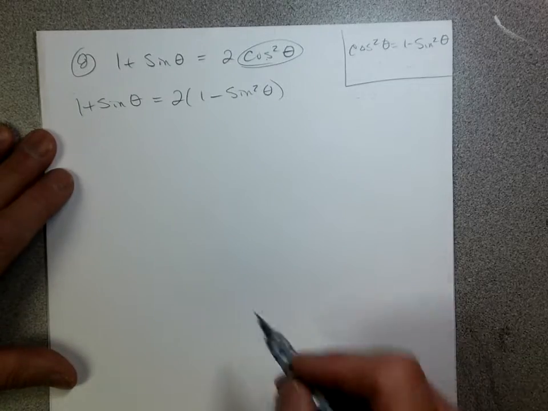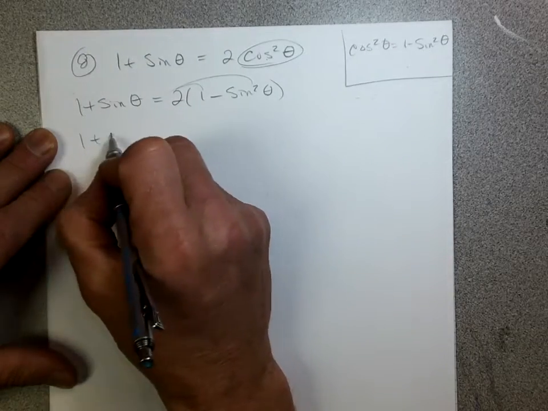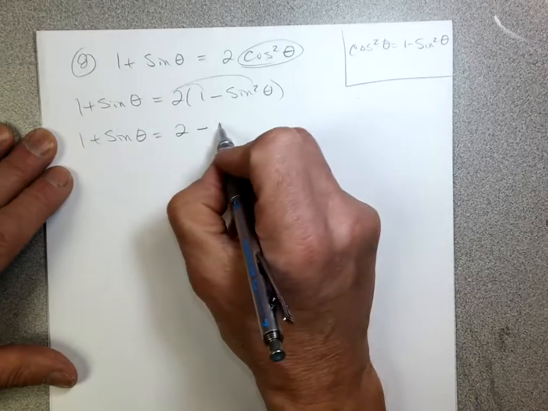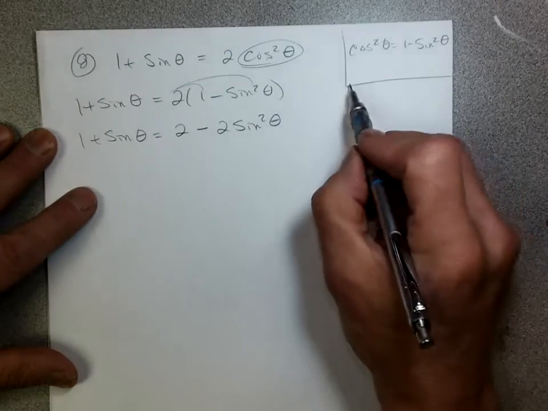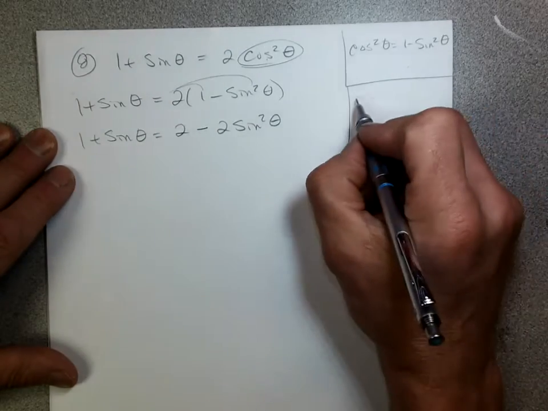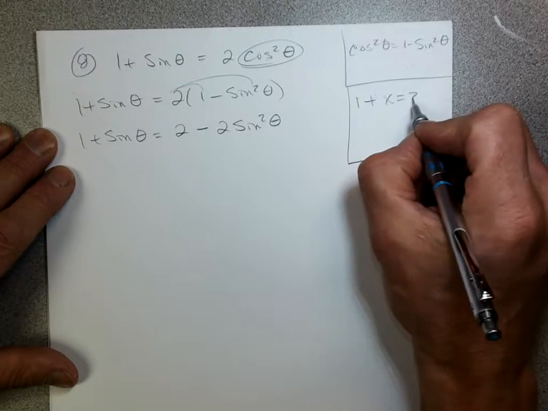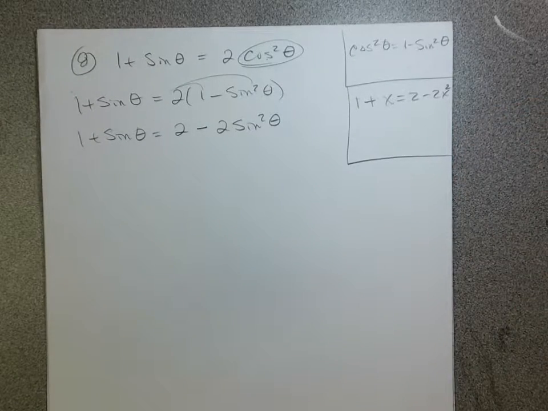And I'll simplify, I'll distribute. So I have 1 plus sine theta equals 2 minus 2 sine squared theta. Now I've thought about this in terms of x's. If I had 1 plus x equals 2 minus 2x squared, I would think, hey, maybe I need to factor.